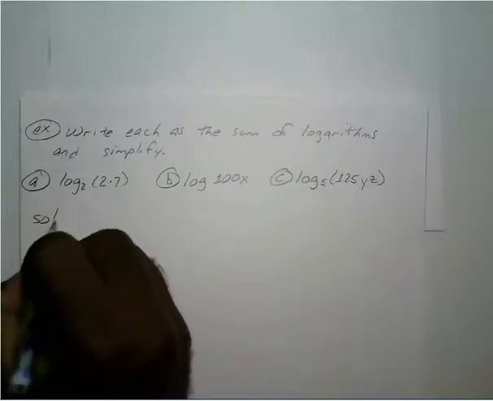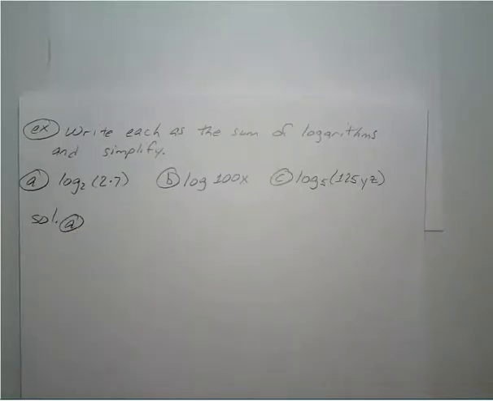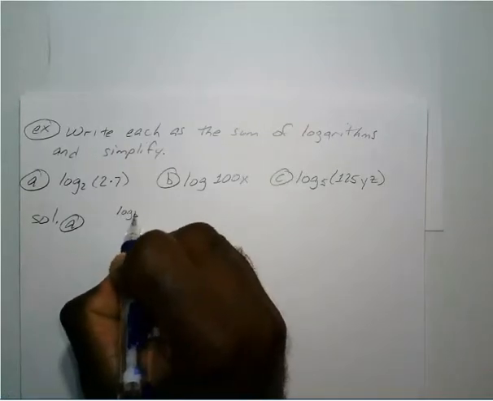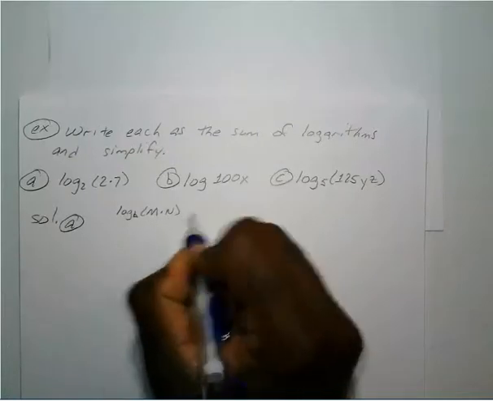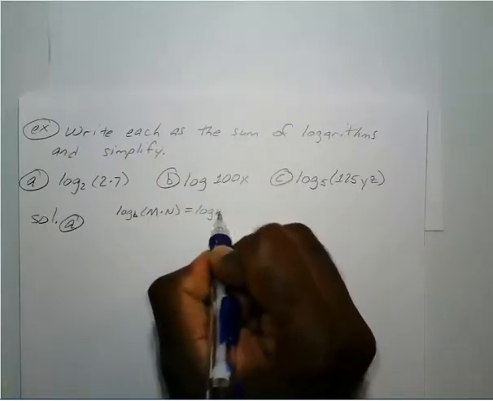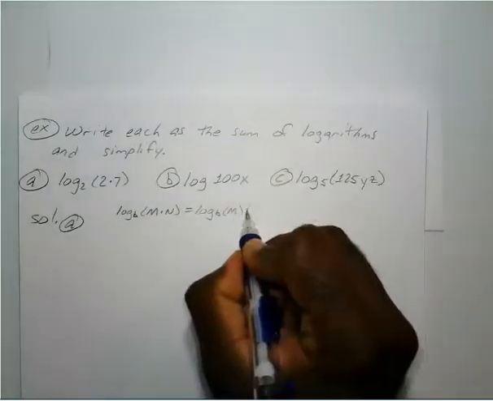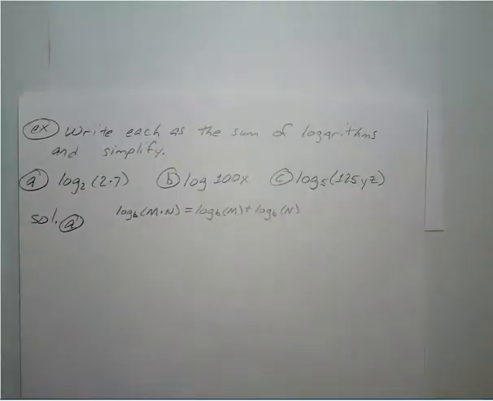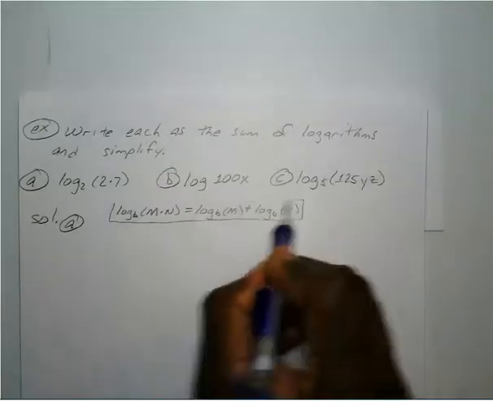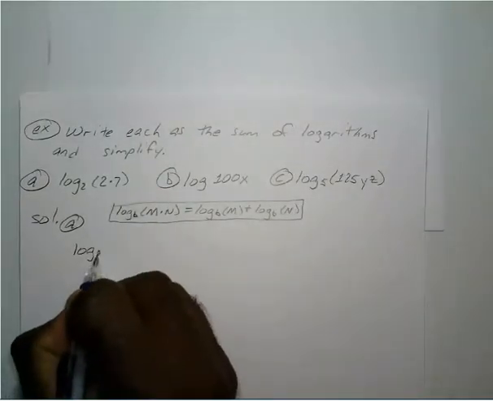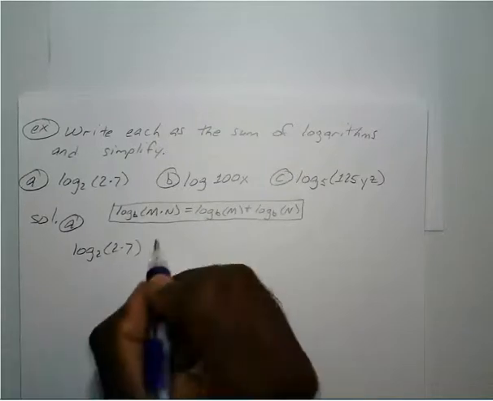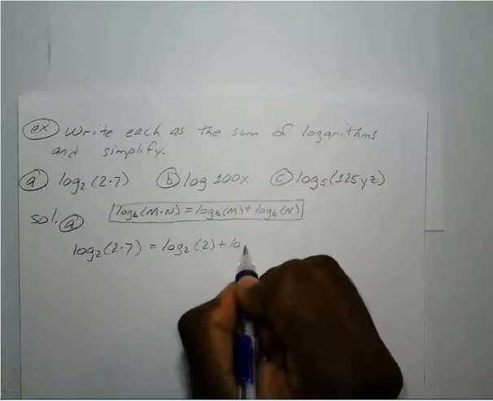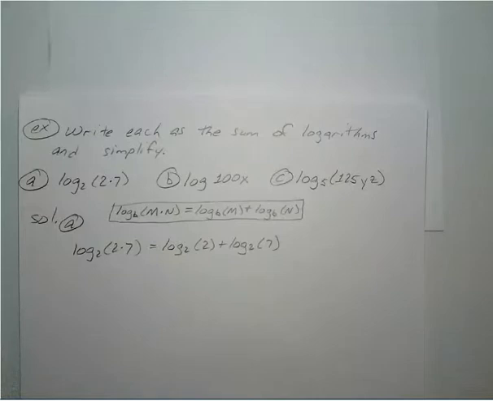Okay, so starting off with problem A, again you have log base B of M times N equals log base B of M plus log base B of N. So using that formula, log base 2 of 2 times 7 is equal to log base 2 of 2 plus log base 2 of 7.